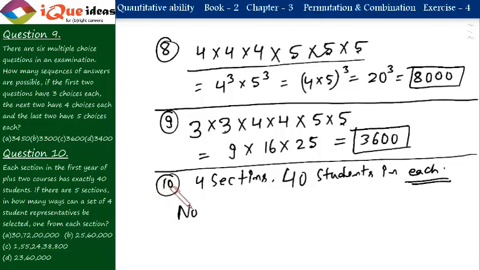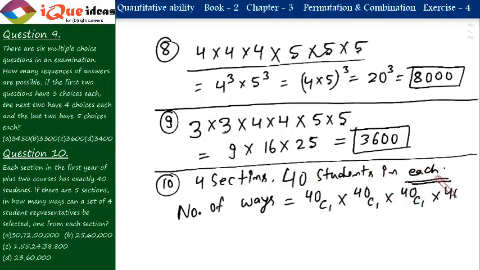So the required number of ways is straight away equal to 40C1 from the first section into 40C1 from the second section into 40C1 from the third section and 40C1 from the fourth section, which is 40 into 40 into 40 into 40. Right? So 40 raised to the power 4.